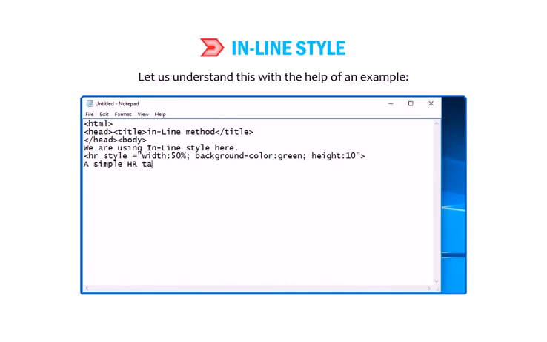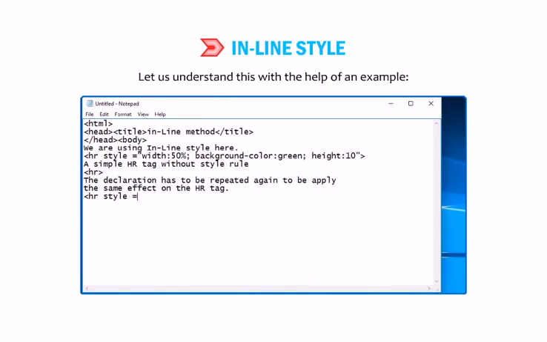A simple HR tag without style rule. HR. The declaration has to be repeated again to apply the same effect on the HR tag. HR style equals to double quote width colon 50% semicolon background color colon green semicolon height colon 10 double quote close /p /body /html.